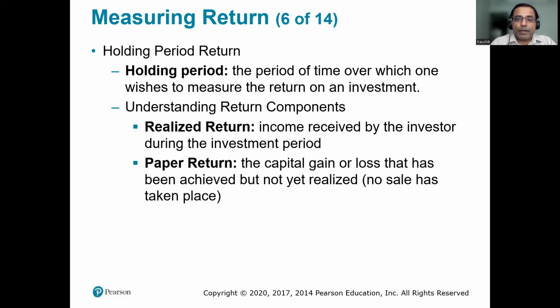And the other is paper return. So that is the return which has been achieved but has not been passed on to the investor. So it is more notional or as per calculation. So realized return is actual because the income has been received by the investor. Paper return or notional return is something that is calculated based on the current state of the investment.